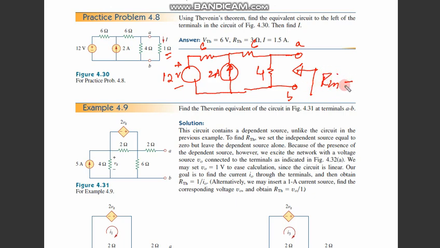If you find the input resistance, it will be equal to R Thevenin. To find R Thevenin, any voltage sources should be short circuited, and any current sources should be made open circuit. We have one voltage source and one current source.